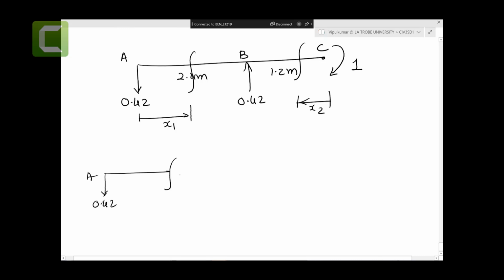0.42 at A, and small m1 at a distance of x1.